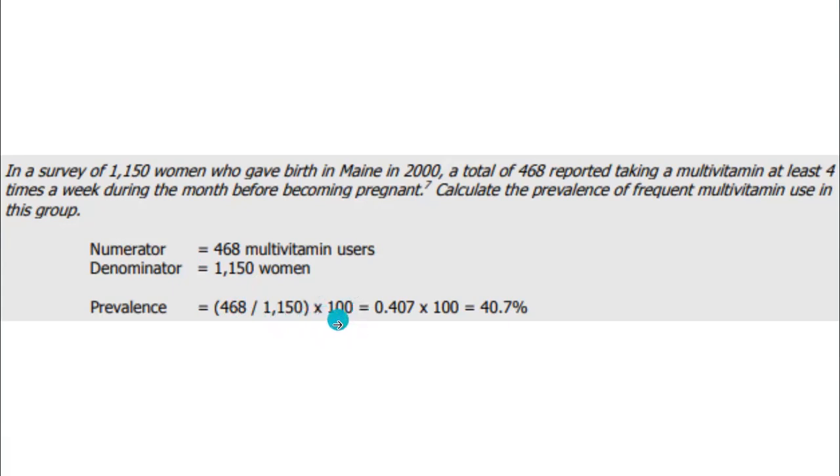But again, take note, the factor could be 1,000, 10,000, 100,000, or even 1 million, depending on whether we are talking about rare conditions. So we get a quotient of 0.407. We multiply it by 100, and so we get a prevalence rate of 40.7%.